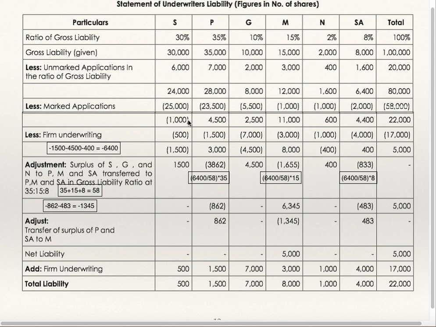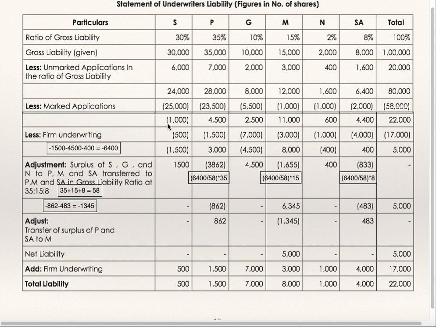First underwriter is getting negative, all are positive. So now if you distribute this minus 1000 to all this in the ratio of 35, 10, 15, 2 and 8, it will be complicated. So what is done here is, instead of distributing this negative, they have deducted firm underwriting, which is given.